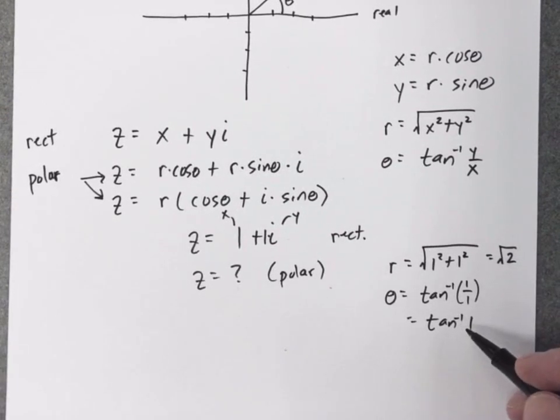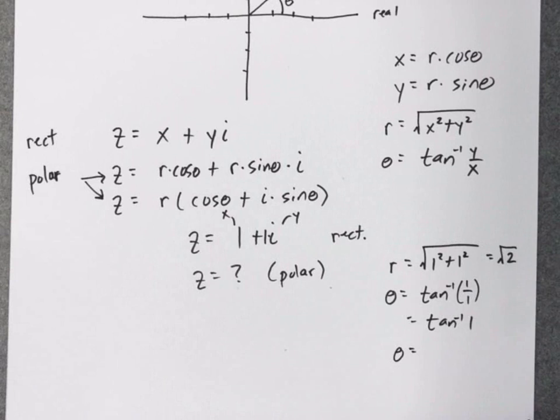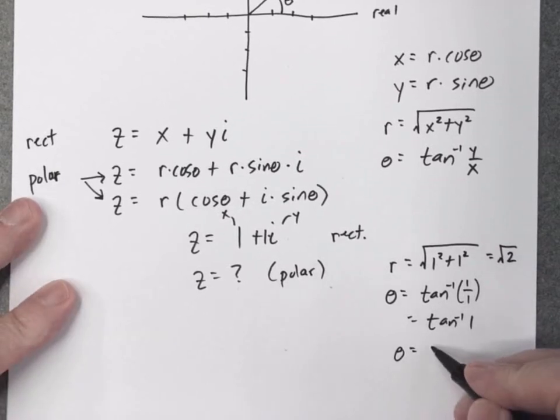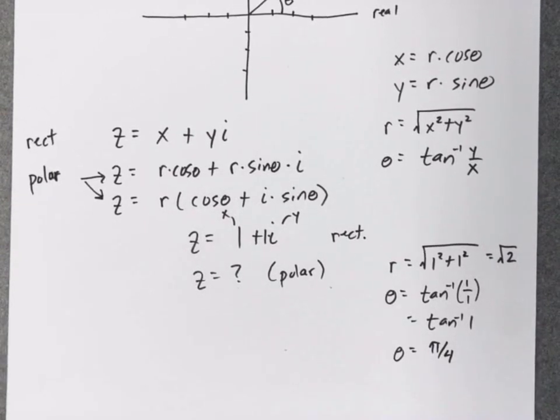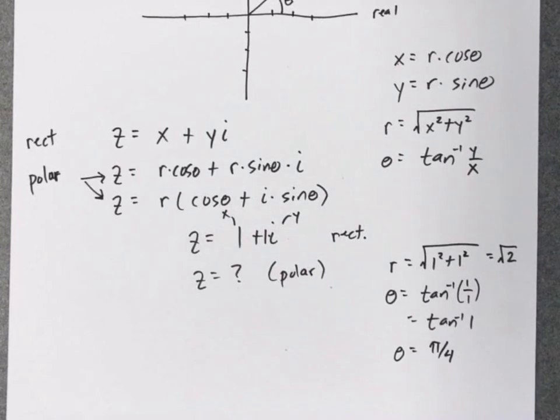Now you go to your unit circle. Now this is an inverse tangent, so you say, what's the angle where the tangent is 1? Which is the same thing as saying, what's the angle where the sine and the cosine are the same? And in radians, that's pi over 4. And if I were to graph this point, then yes, that would make sense.